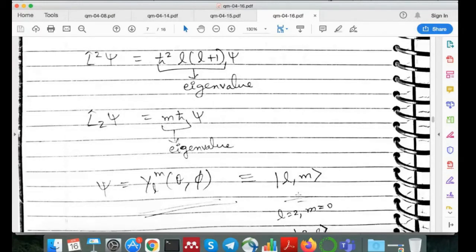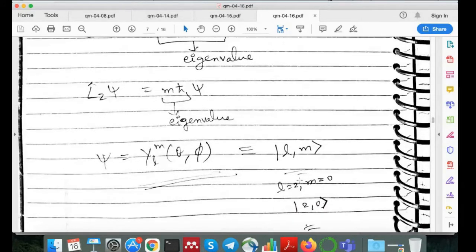Because there are two quantum numbers that this depends on, it is also written as L comma m. So if L is 2 and m is 0, then it will be written as ket of 2 comma 0. Okay, this is just a convention of writing this.